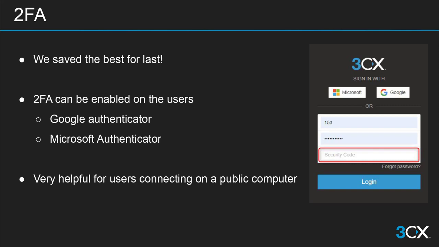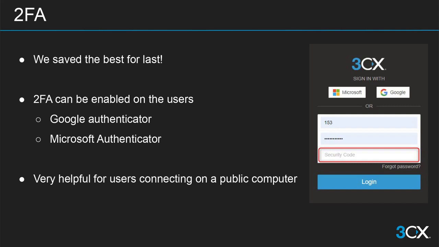Now, with version 20, we have enabled two-factor authentication natively on the users. So using either Google's Authenticator or even Microsoft's Authenticator, when you are connected using your extension credentials, whether that is your extension number or your email and your password, the security code will be shown. You open up your Authenticator application and you go and enter your one-time password.